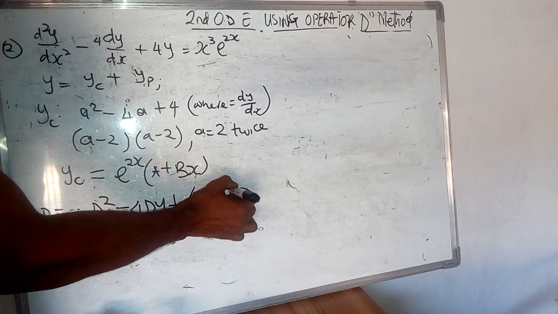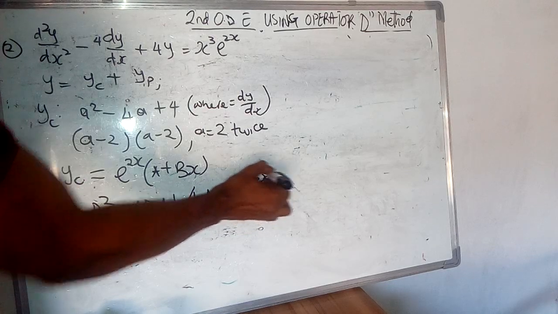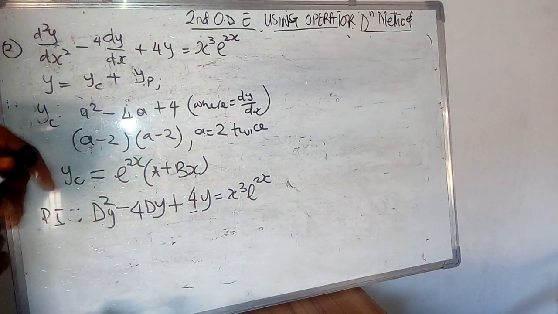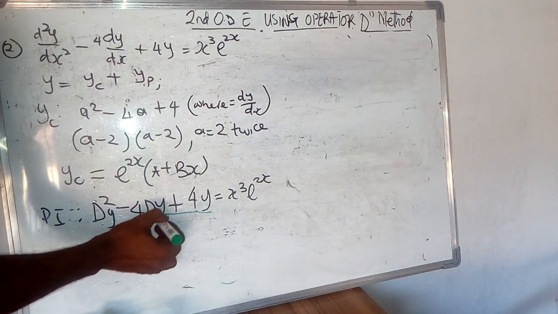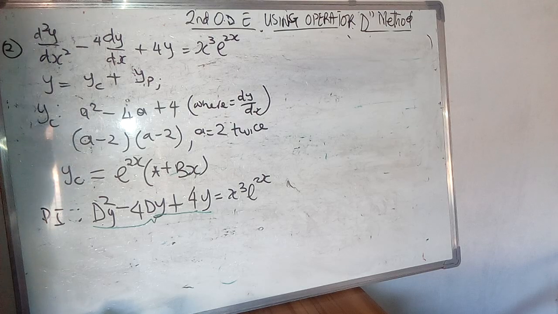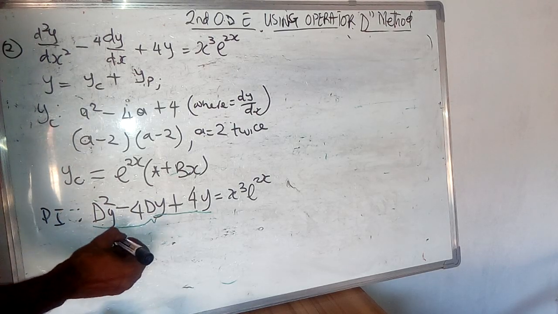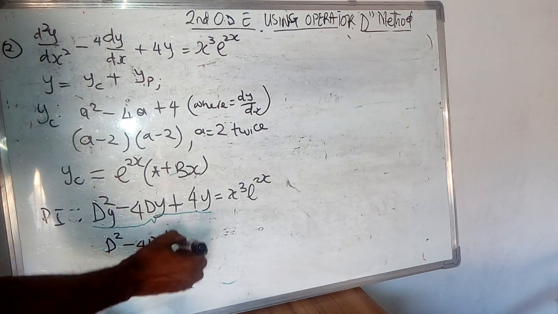That gives us x cubed exponential 2x. You can factorize the whole of this and factor out y to have d squared minus 4d plus 4, times y.